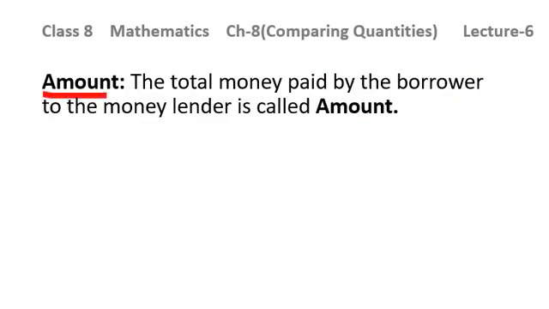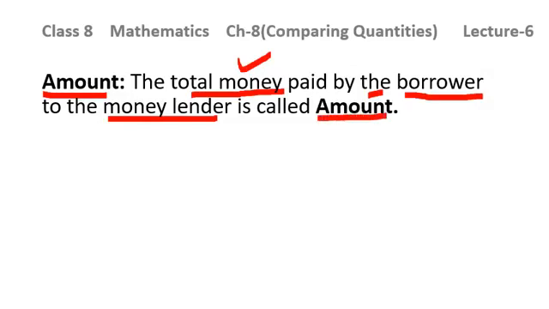What is this amount? The total money paid by the borrower to the money lender is called amount.